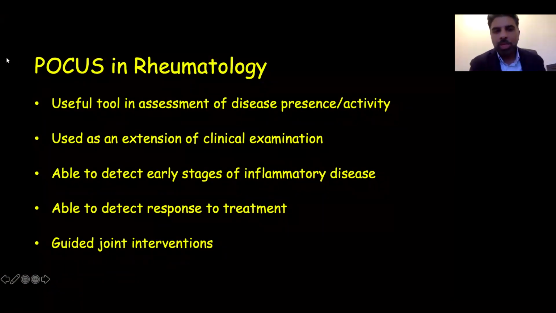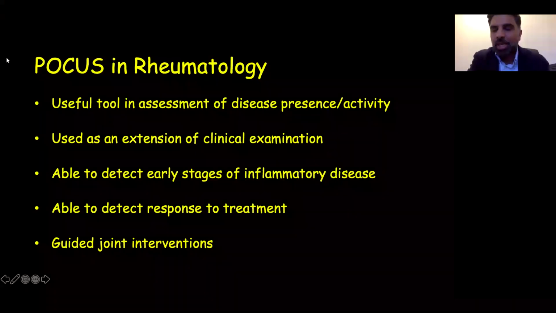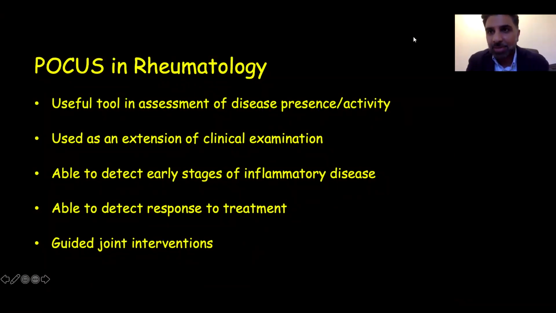What we know about POCUS in rheumatology is that usually it's useful as an assessment of disease presence as well as disease activity. A lot of inflammatory rheumatic conditions tend to be active or inactive, and it's really helpful with that.